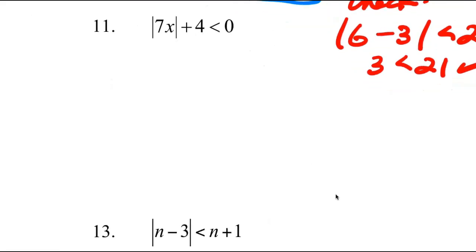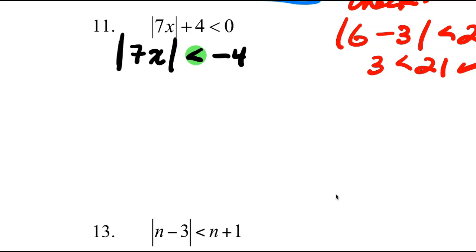So let's look at number 11. On number 11, we first will isolate. So we have absolute value of 7x is less than negative 4. So subtract 4 from both sides. 0 minus 4 is negative 4. So notice we have a less than sign.